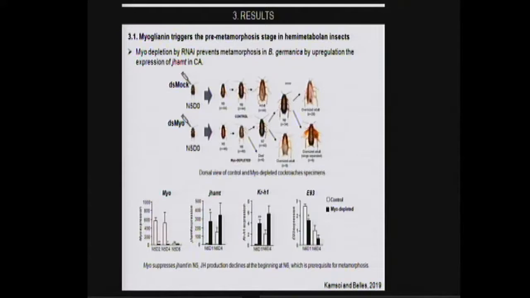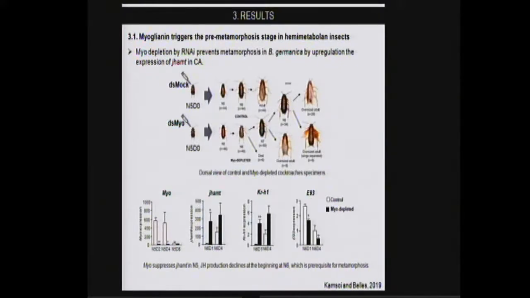In the molecular analysis that we studied, we found that when we suppress myoclonine, the expression of juvenile hormone acid methyltransferase in the corpora allata is upregulated, which caused the increase of Krüppel homolog 1 in the last nymphal instar and the downregulation of E93 also in the last nymphal instar.